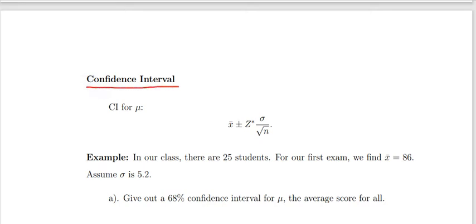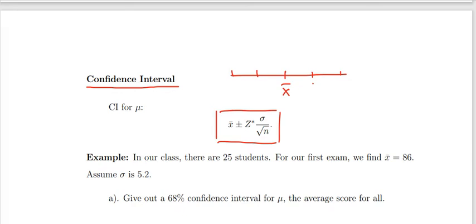So the confidence interval is centered at x bar, because we know this number. In this range is 68%, in this range 95%. We put them together as x bar plus this or minus this, extending 1 sigma or 2 sigma.